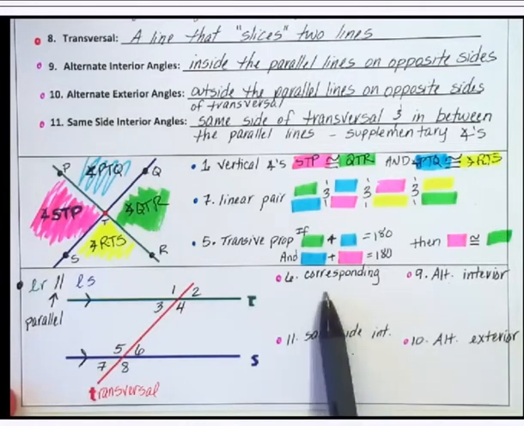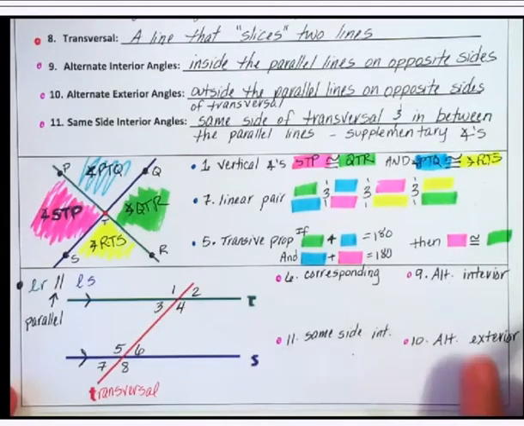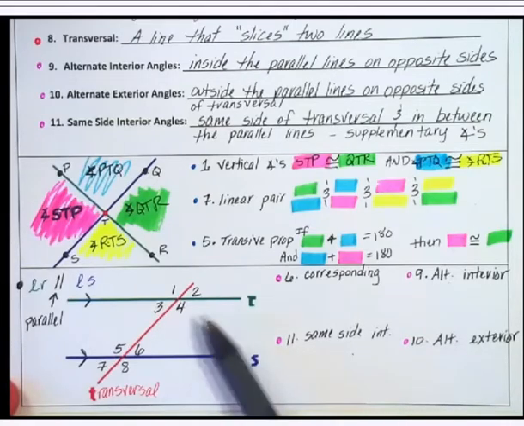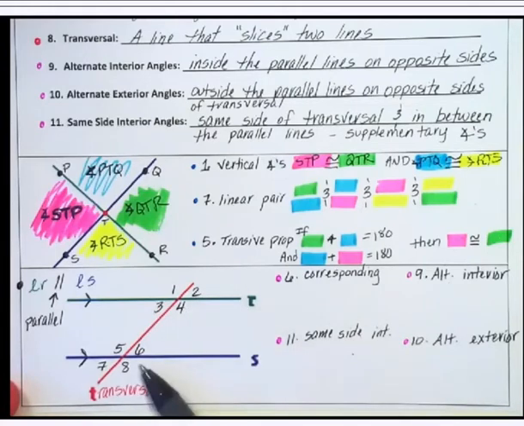Corresponding angles are angles that are in the same place. Corresponding is number 6. They're angles on the same side of the transversal. So I'm on the right-hand side of this transversal right here. They're on the same side of the transversal and in the same position on the parallel lines.